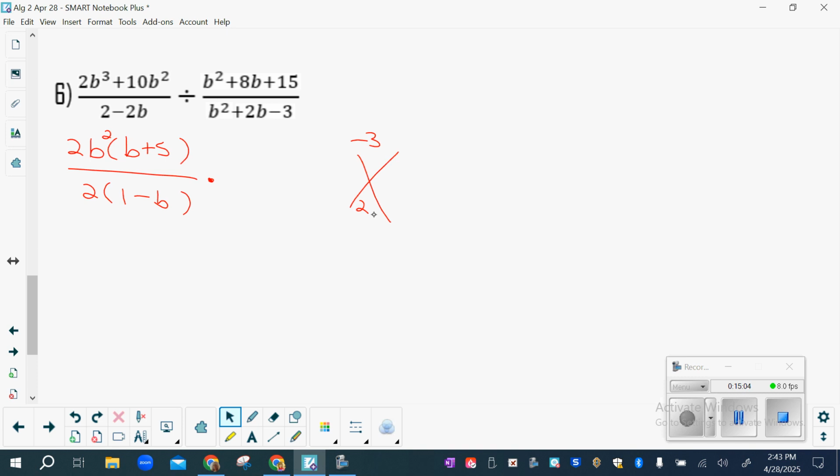This group back here, tell me what the factors are. b plus 3 and b minus 1. Good. And then we want to factor what multiplies to 15 that adds to 8? So our factors are b plus 5 and b plus 3.